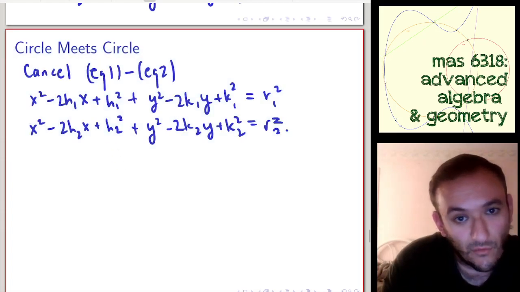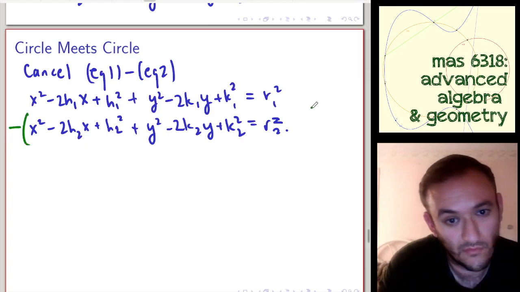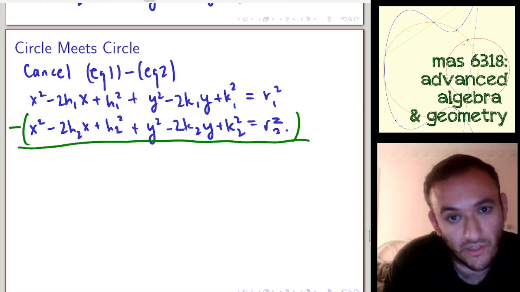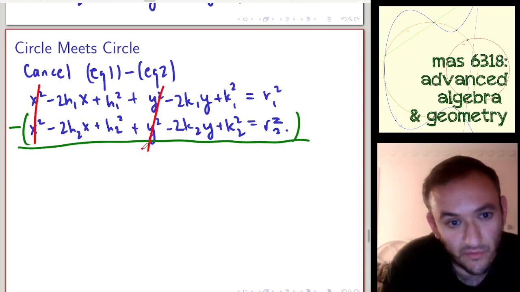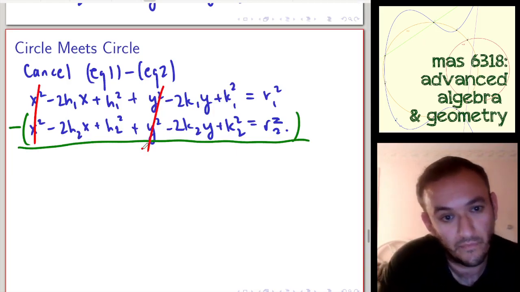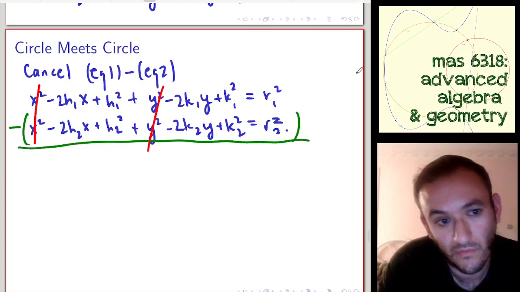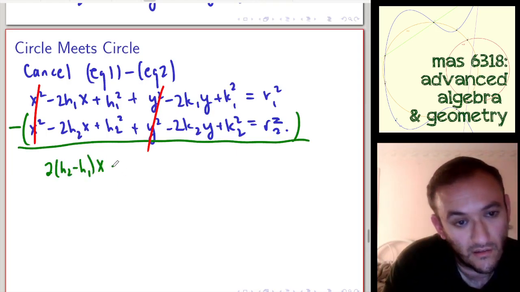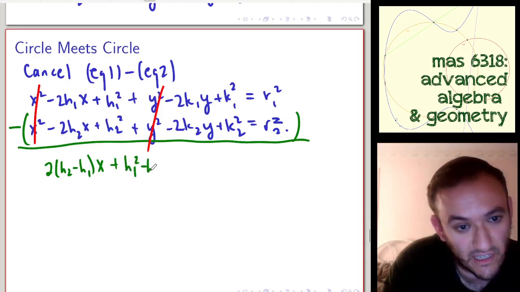So what we'll get when we subtract is the x squared terms canceling, as well as the y squared terms canceling. Okay. As for the rest, what do we get? So we have 2 times (h2 minus h1)x. Okay, and we'll group, plus h1 squared minus h2 squared.